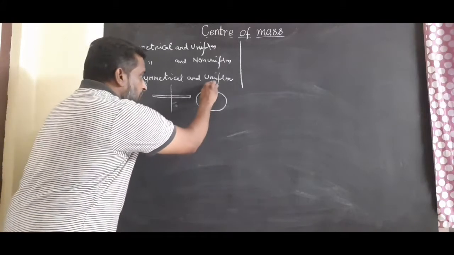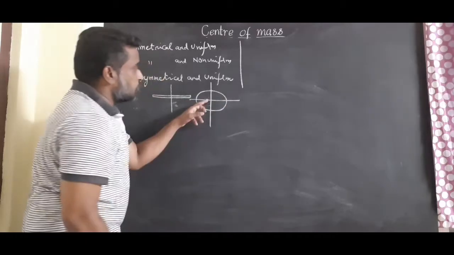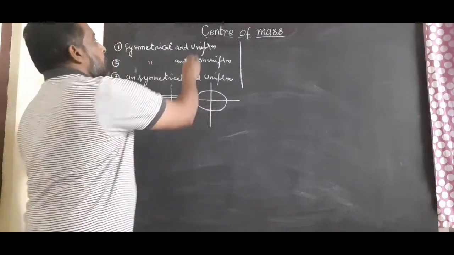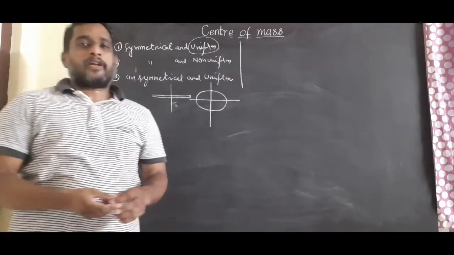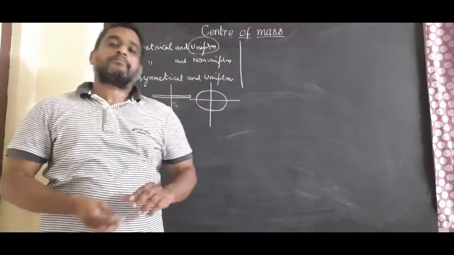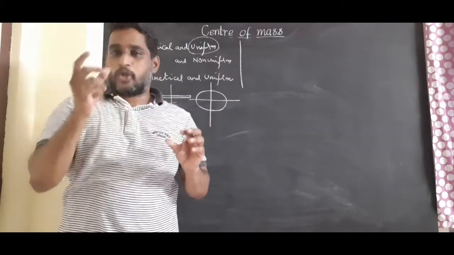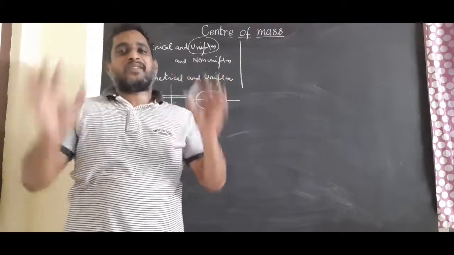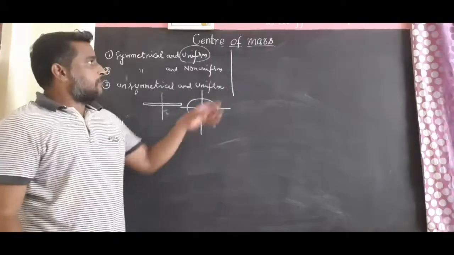This ring is symmetrical about this y-axis. It is also symmetrical about the x-axis. Come to the meaning of what is meant by uniform. Uniform mass distribution: if distribution of mass is said to be uniform, then the density should be constant. It's a simple point which must be practiced thoroughly.